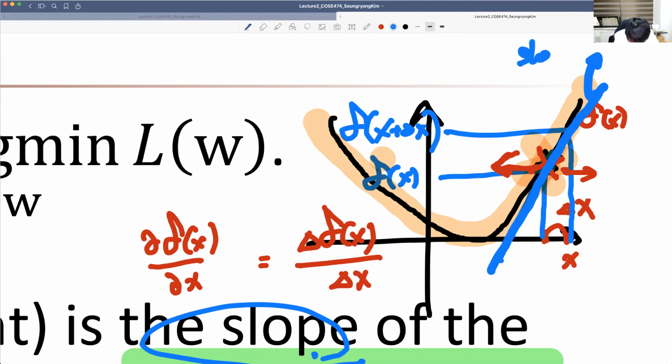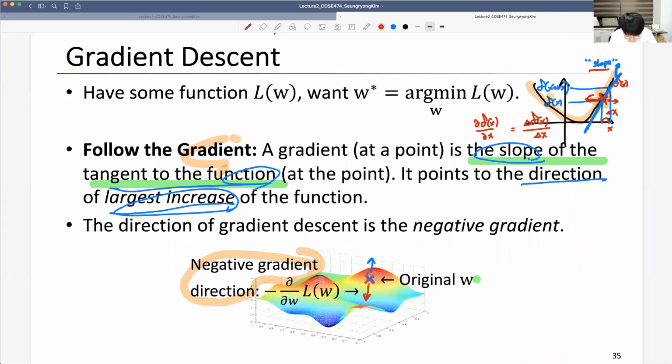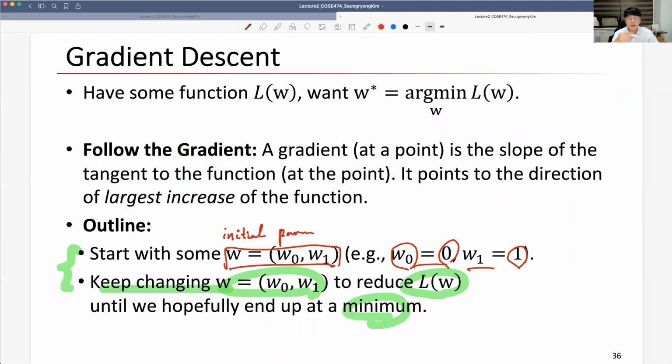The slope of this function means the gradient, right? And gradient descent means we have to move in the negative direction of the gradient, right? So this was the strategy of the gradient descent algorithm. Yeah, it was the outline.